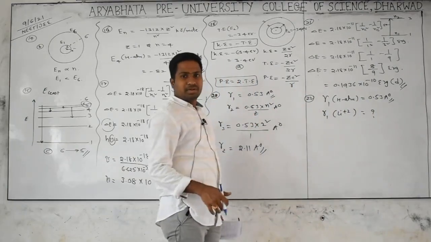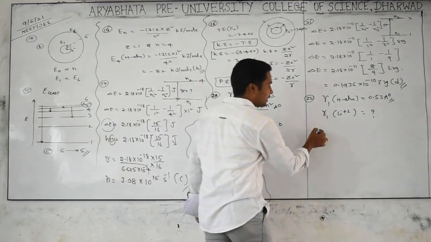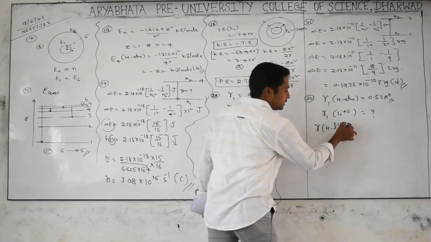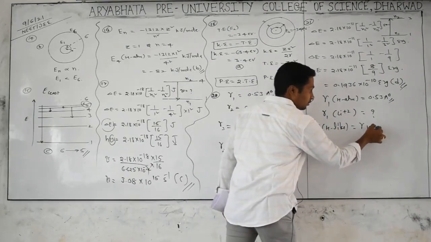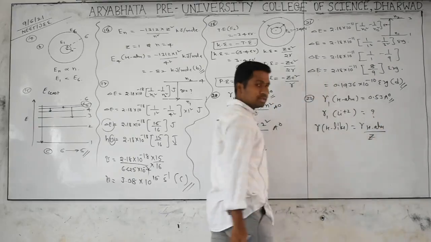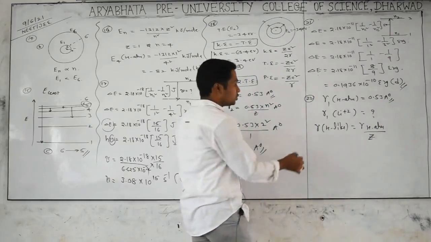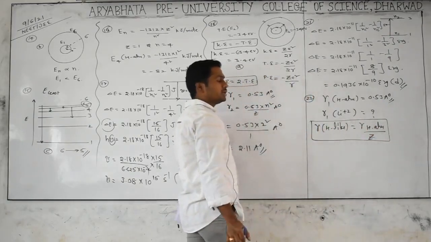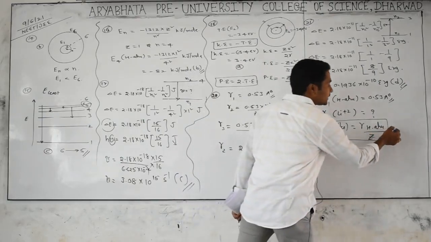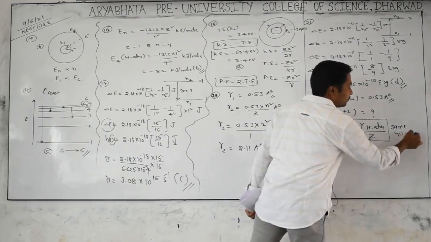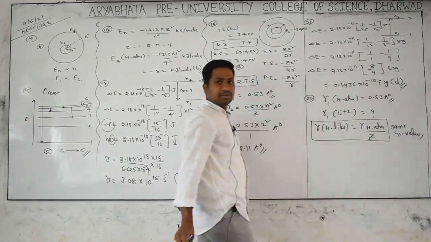So what is the relation between the two? The radius of hydrogen-like species is equal to radius of hydrogen atom into n square by Z, that is, radius of hydrogen atom divided by Z for the same orbit number, the same n value.